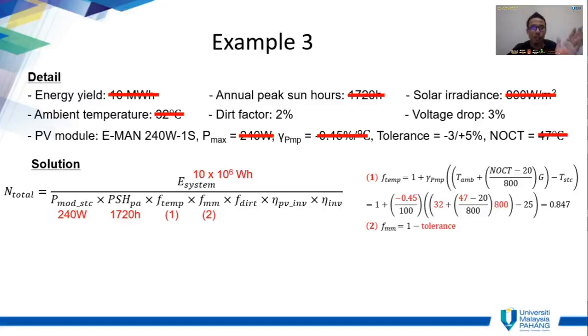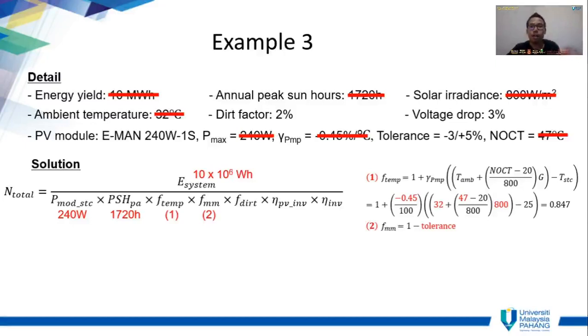Even at the best performance, which is the Pmax, it's not only 100 watt; it may drop to 97 because of minus 3%, and plus 5% means the 100 watt module will vary from 97 to 105 watt.